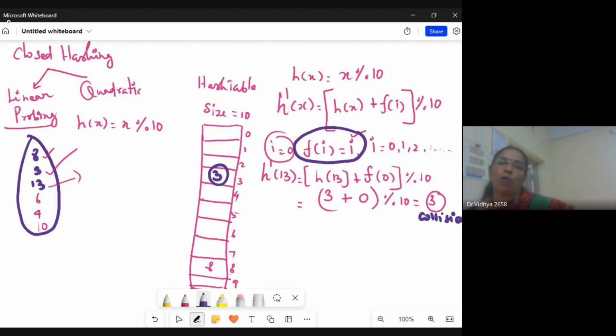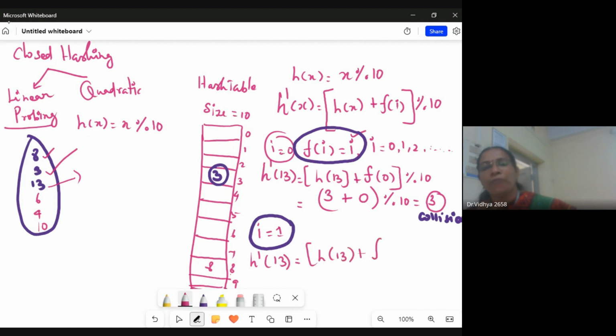So how do we overcome this collision? By iterating again with another I. Initially it is 0, next we take I as 1. So again we compute the hash function h dash of 13 is equal to h of 13 plus f of 1, modulo division 10.